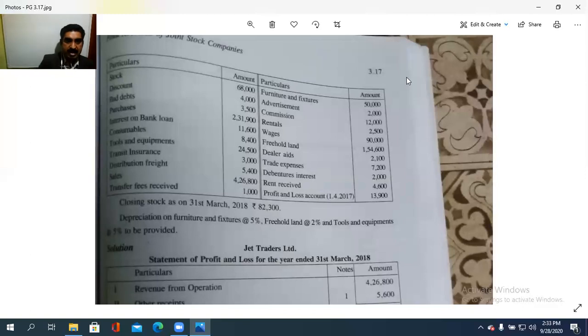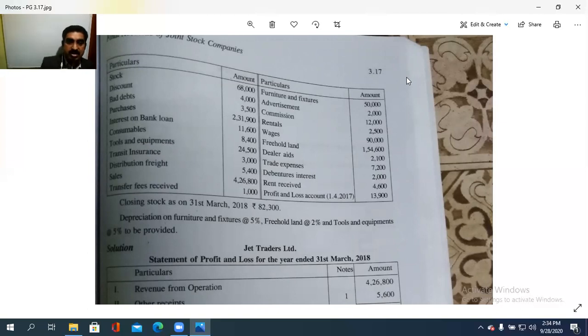Stock discount, bad debts, purchases, interest on bank loan, consumable stores, tools and equipment, transit insurance, distribution freight, sales, transfer fees received, furniture and fixtures, advertisement, commission, rentals, wages, freehold land, dealer aids, trade expenses, debenture interest, rent received, profit and loss account. Like that.